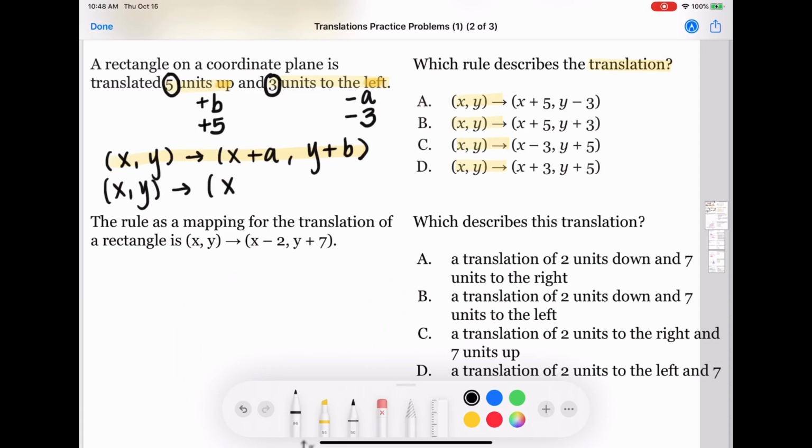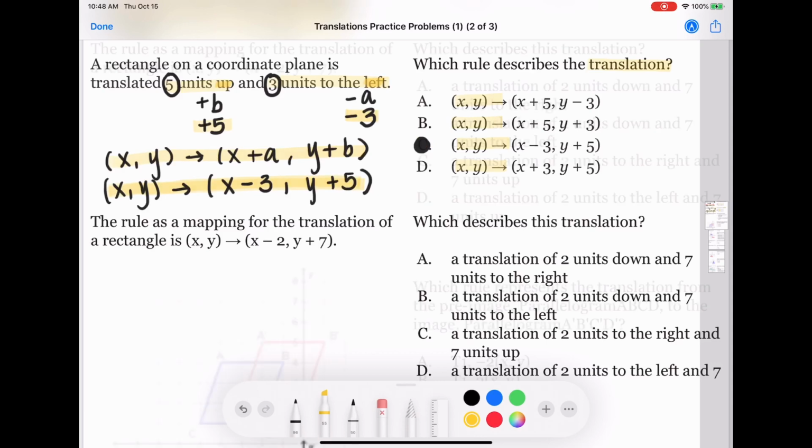We would put a -3 because we know that A in this instance is -3. And we would keep the B positive because we know in this instance we have a plus B. Therefore, we have created our mapping rule. Looking at the answer choices, we can determine that C resembles this mapping rule that we just created.